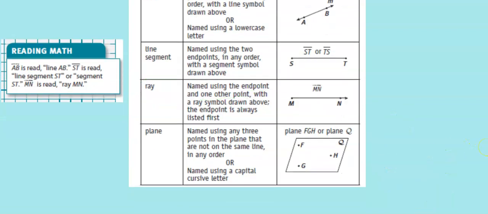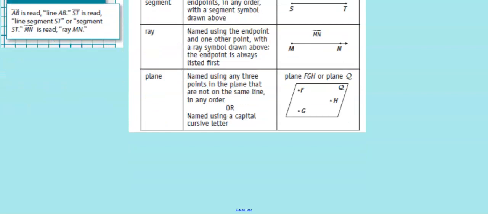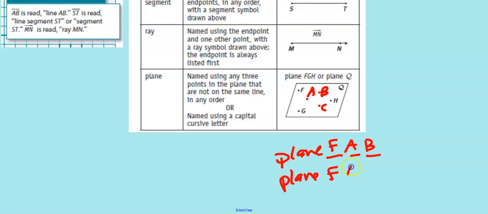A plane is named using any 3 points on the plane that are not in the same line, which rarely happens. So if I have this plane, let's say I want to put more on here, I can call this plane. Now I need to pick 3 letters, any 3 I want. FAB, plane FCH.